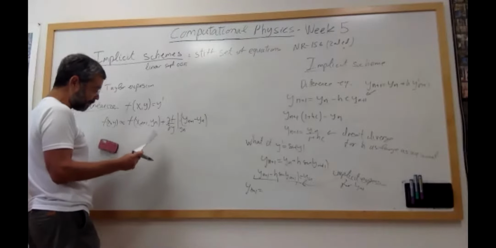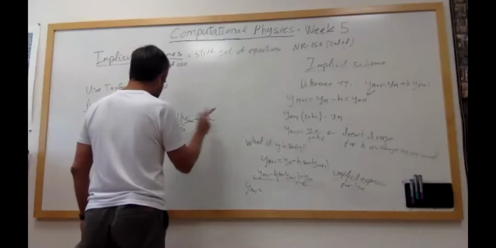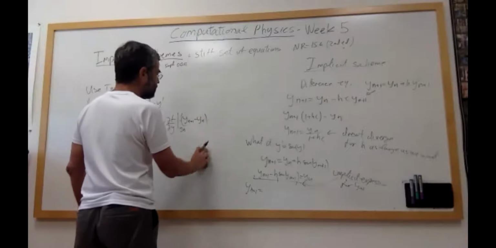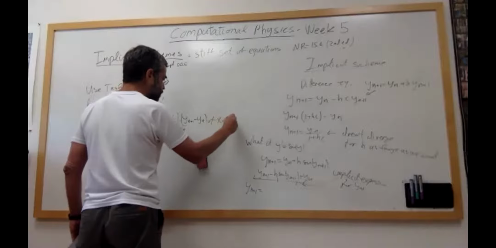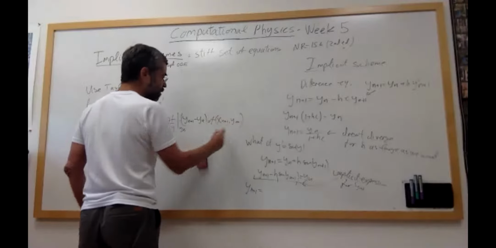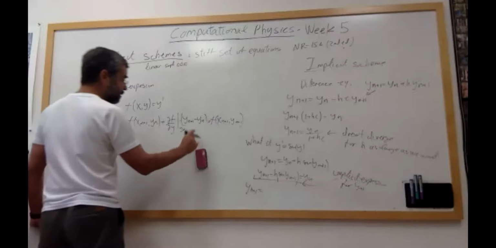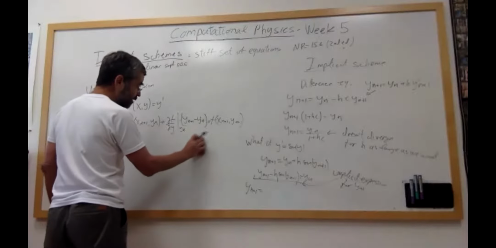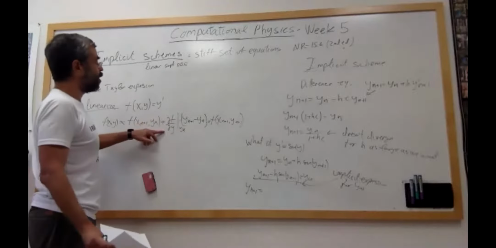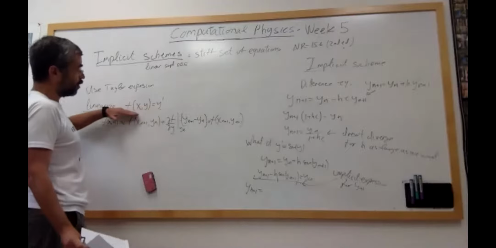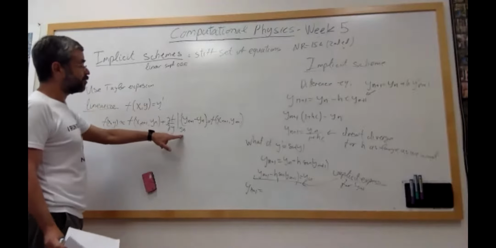So this expression is what we take as f of x_n plus 1 and y_n plus 1, which is what we have here on the right-hand side. And here we can actually take the derivative of f with respect to y. We have this expression for f of x and y, and calculate it at yn.